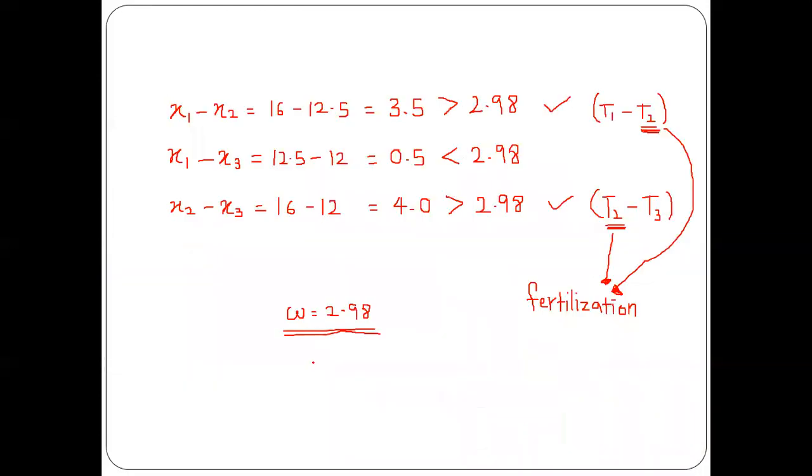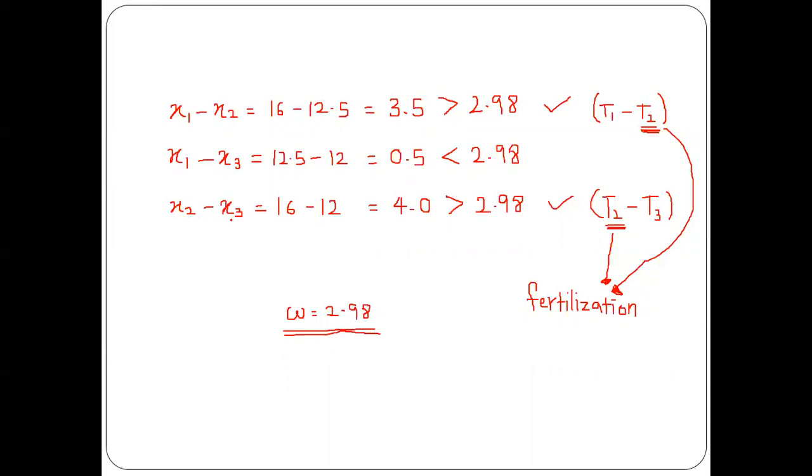So same like one-way ANOVA, it is easier for us to make the comparison like this. In this situation, we are going to compare mean 1 with mean 2, that is treatment 1 and 2, and then treatment 1 with treatment 3, and then treatment 2 with treatment 3.